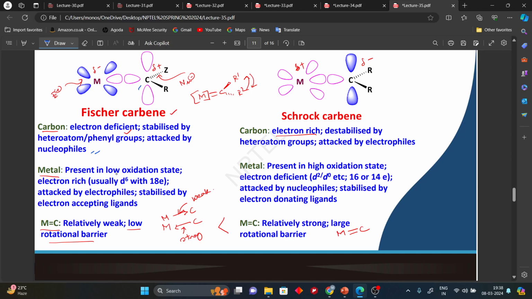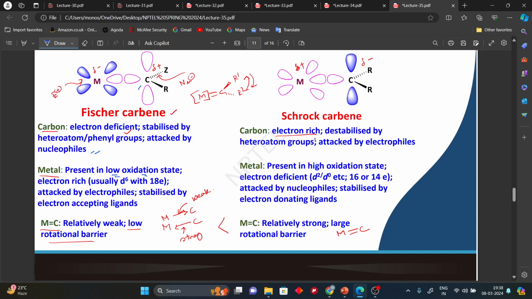So for metal, they are generally low oxidation state, electron rich, usually d6 electron elements, and stabilized by electron distribution, so that electron will be stabilized.